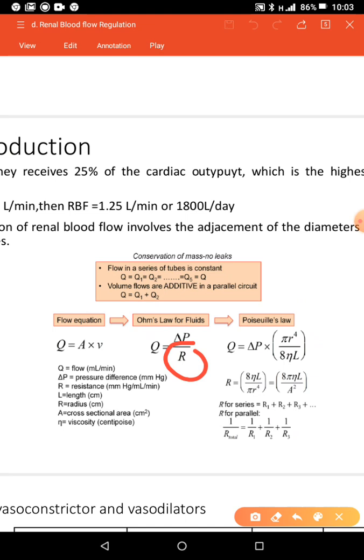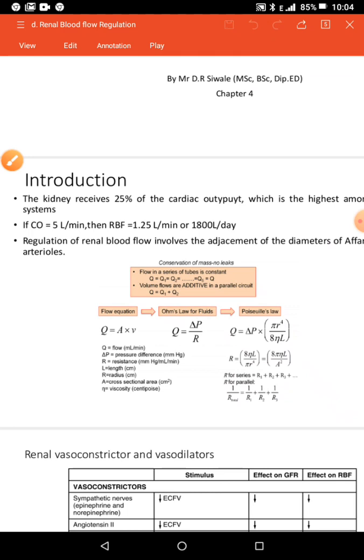So when the resistance increases, it will mean blood flow will reduce. Again, when the arterioles dilate, it means resistance will reduce. And then when resistance reduces, it means blood flow increases. So that's what we mean when we say regulation of renal blood flow involves adjustment of the diameters of the afferent and efferent arterioles.